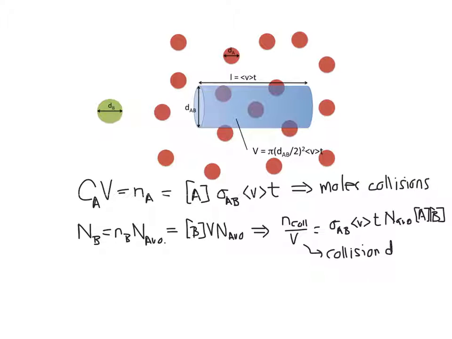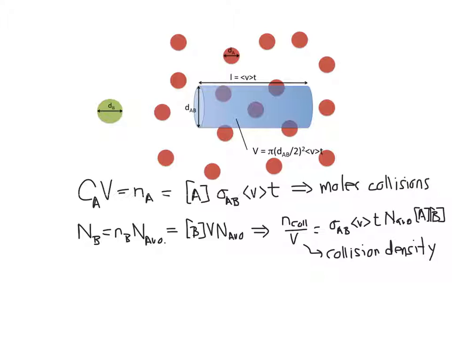What I really want is not the collision density, but the collision rate. How many times does the collision happen per unit time? So to get this per unit time, I just need to divide both sides of this equation by time. Just bring time over here. Remember, we're doing this for 1 second, so this will be per second.